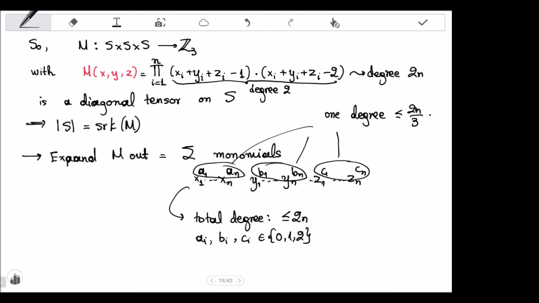They can't all be bigger than that. And the idea is that you arrange these monomials now according to when that happens. So first you bring together all the monomials where the x degree is small, smaller than a third of 2n. Then those where the y degree satisfies that, and then those where the z degree satisfies that.